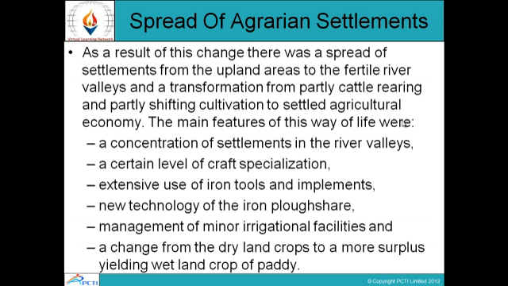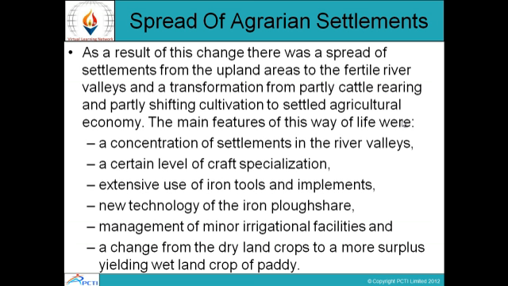So earlier there were settlements only in the upland areas, and there was a transformation from partly cattle rearing and the domestication of animals, and partly cultivation, to a settled agricultural economy.